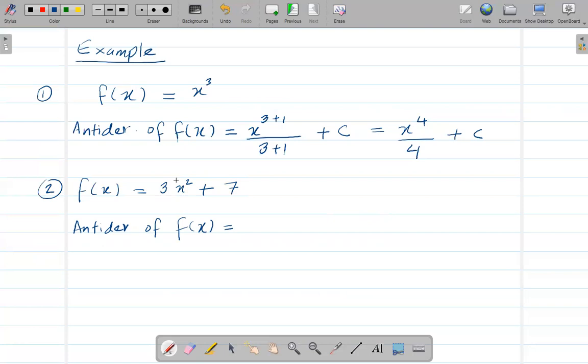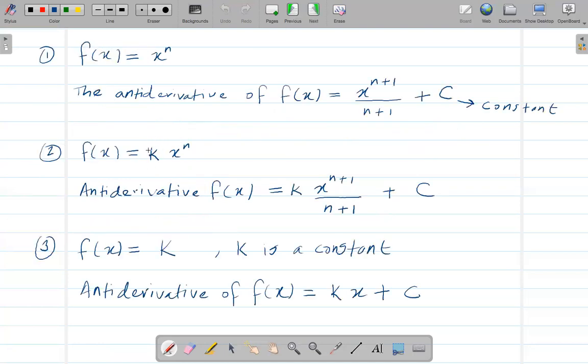So what we're going to do is take the antiderivative of each of these terms. So plus will stay there. If there is a plus, there will be a plus. If there is a minus, there will be a minus. This term is basically similar to the second rule, right?